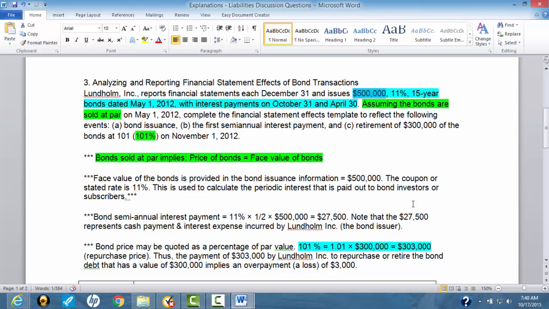Interest payments are every 6 months. So 6 months from May 1st is October 31, 6 months after that, April 30th. So every October 31 and April 30th, interest will be paid. And it is based on 11% divided by 2, because it's semi-annual payment, multiplied by 500,000.